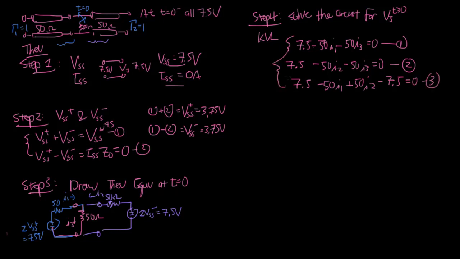So here we are. This is the left loop, the right loop, and the overall large loop. So now we have 3 equations and 3 unknowns, and we just have to go about solving this. And also we actually have a 4th equation we can use, which is the fact that the current coming out, this I3, is going to be equal to I1 plus I2.